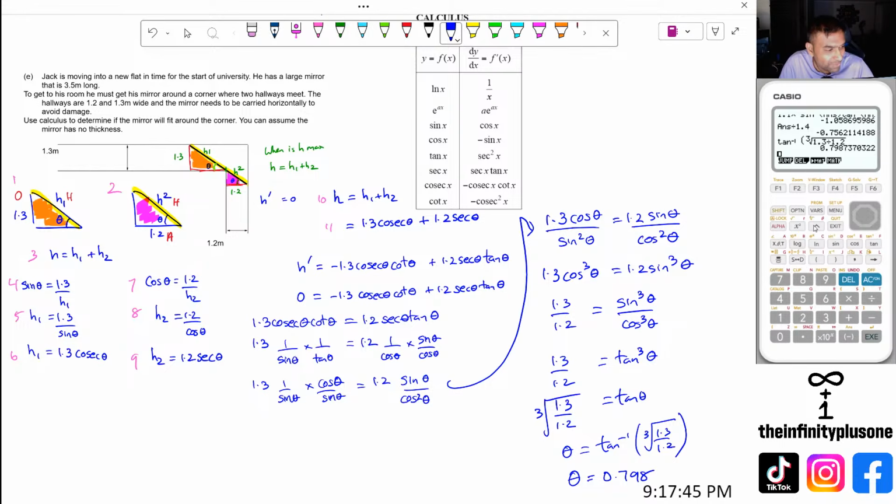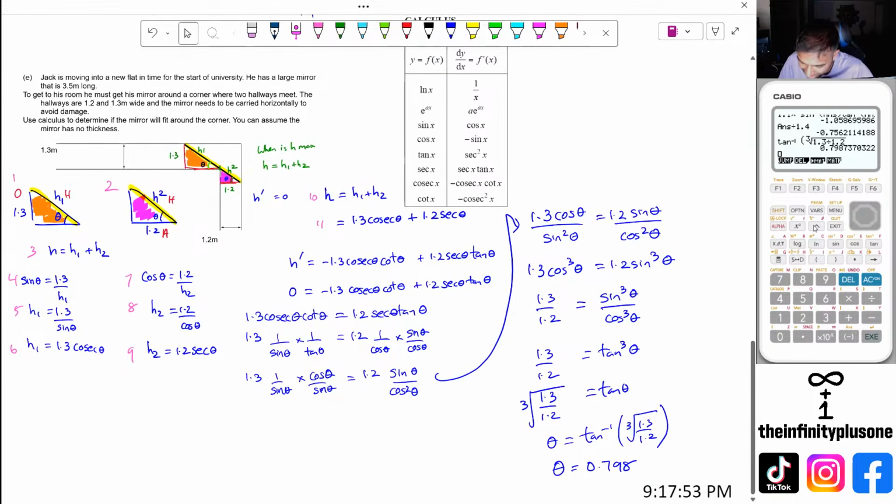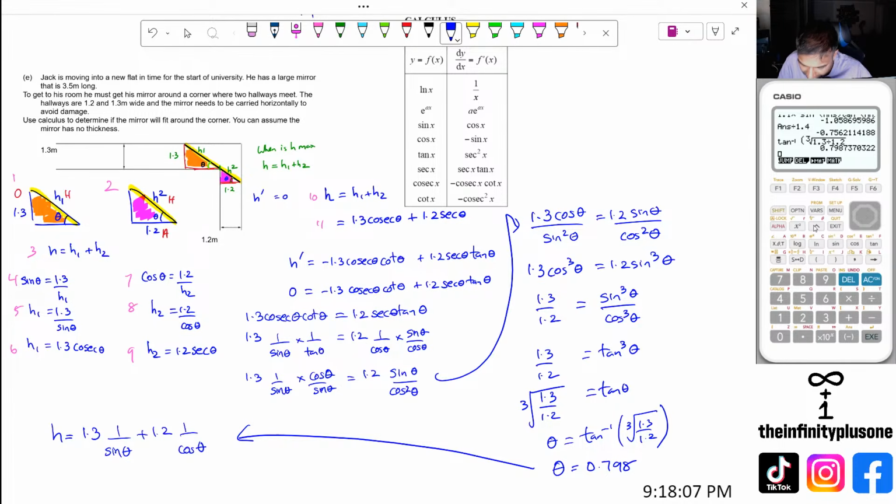By the way, I'm sorry to say this, we're not finished because we still need to find whether this stupid mirror is going to go around or not. So we need to find what H is. Remember, H is equal to 1.3 cosec theta, which I'm going to write as 1.3 over sine theta plus 1.2 over cos theta. So theta is 0.798, and I'm going to substitute it in.